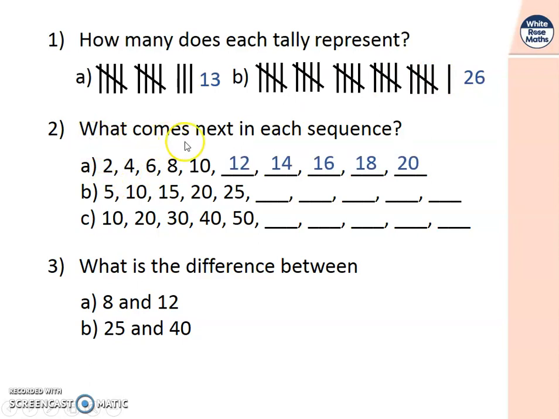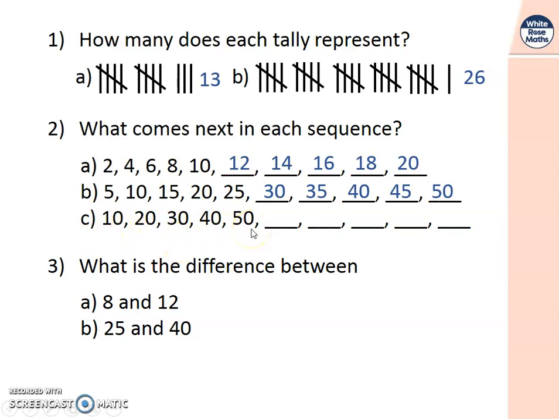In number 2, what comes next in each sequence? 2, 4, 6, 8, 10, 12, 14, 16, 18, 20. 5, 10, 15, 20, 25. What's next? 30, 35, 40, 45 and 50. Look at this sequence. 10, 20, 30, 40, 50.